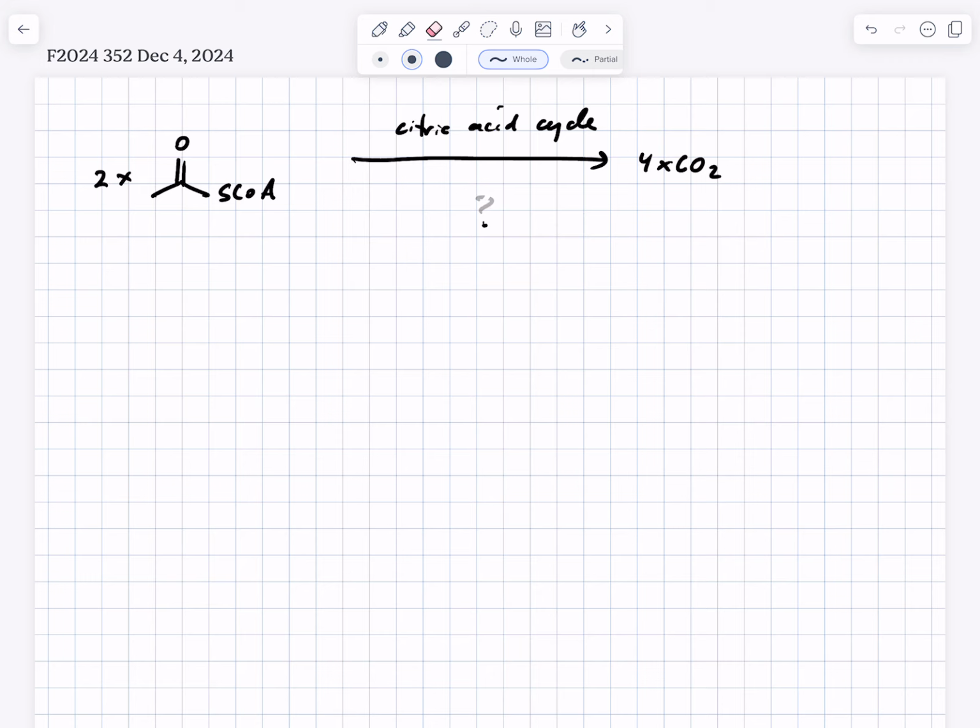I'll just write it down here as part of the overview. We're going to make 6 molecules of NADH, 2 molecules of FADH2 for every 2 molecules of acetyl-CoA that we bring into the process. And then we will also make 2 molecules of GTP.